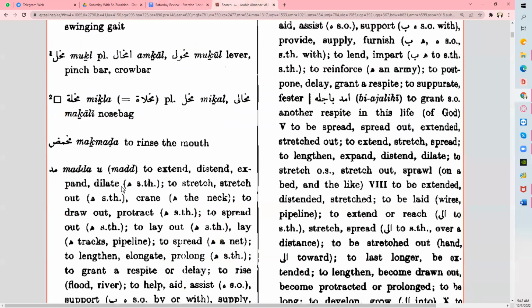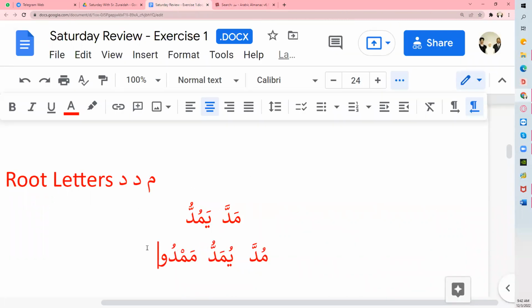Did I get it wrong? Madda. So how would I spell this here? Mim dal dal. Mad, madd. So it's just maddun. Okay, so the masdar is maddun.